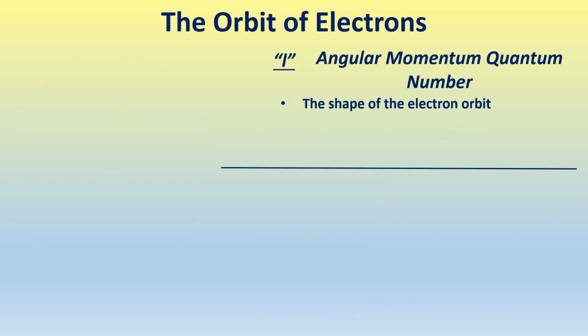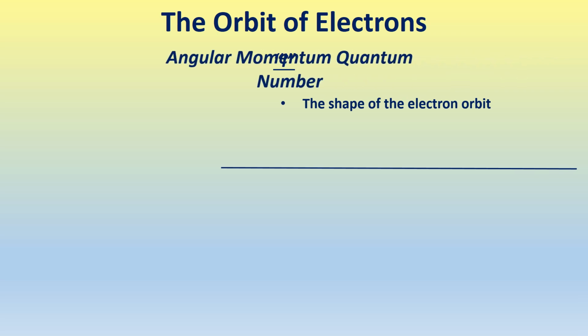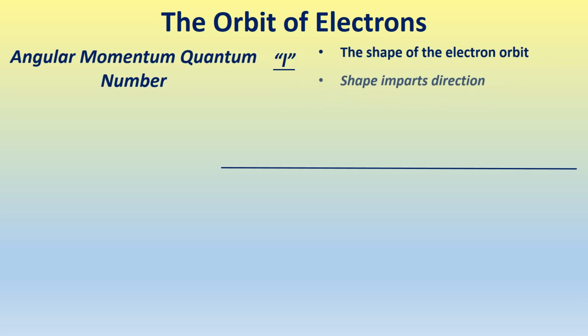So, you have n giving the potential energy, rather, the distance from the nucleus. l gives the angular momentum, gives the shape of the orbit, rather, as the electron moves.